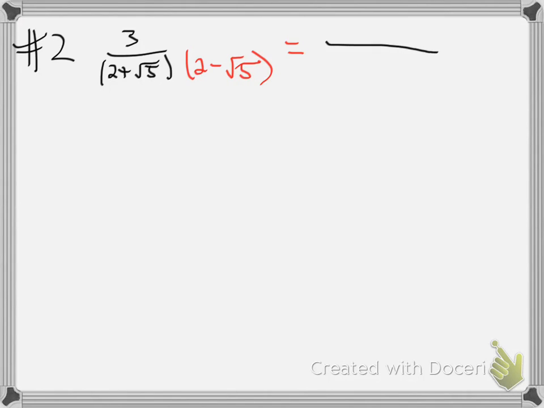So when you do that, you can FOIL, that's 2 squared. Then you can go 2 times negative root 5. It's negative 2 root 5. And then you can go root 5 times 2, so that's plus 2 root 5. And you can go root 5 times root 5, which is a normal 5.